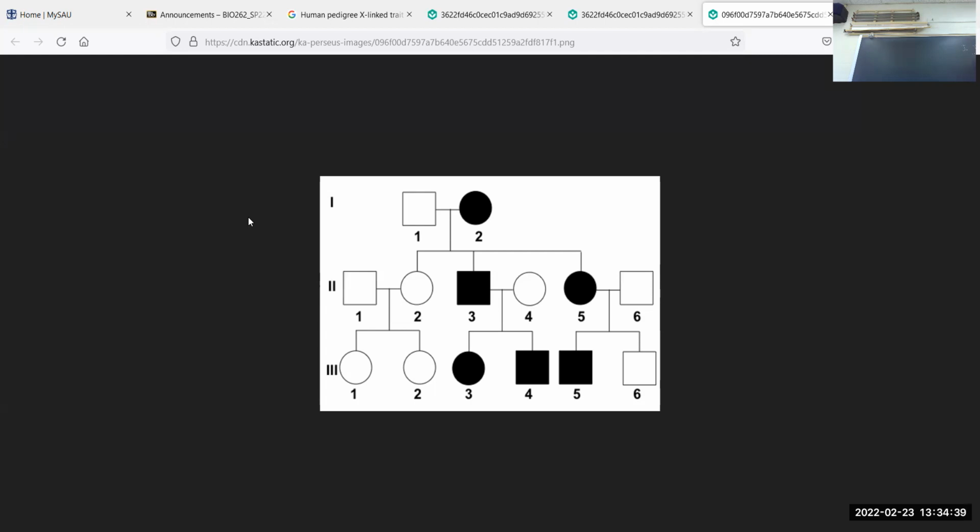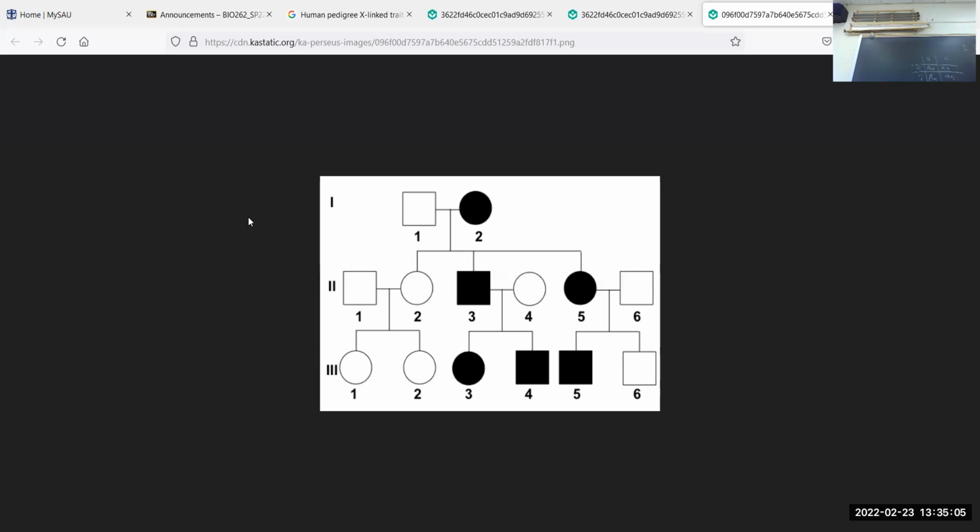All right, so if this person is this, that means your progeny have to be either this genotype or this. So this person's not affected. That means this person would have to be this, right? Yeah.